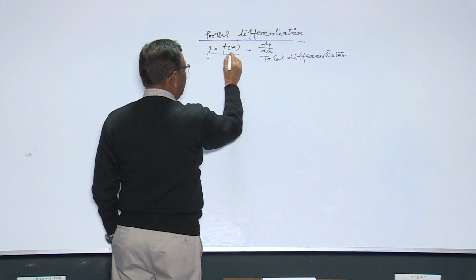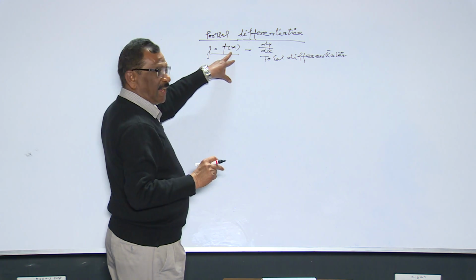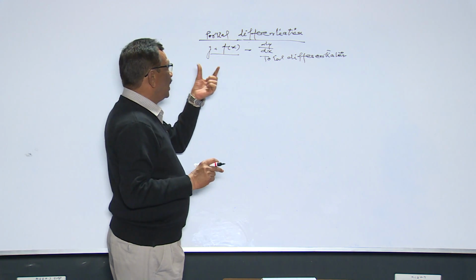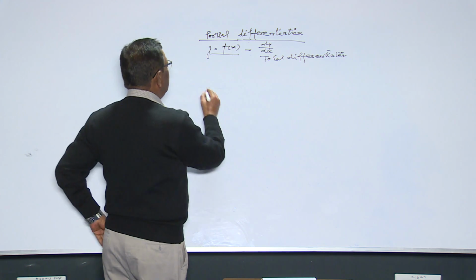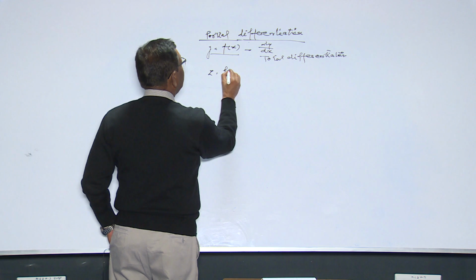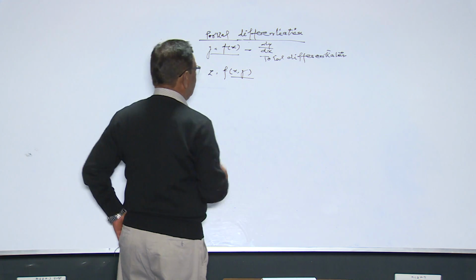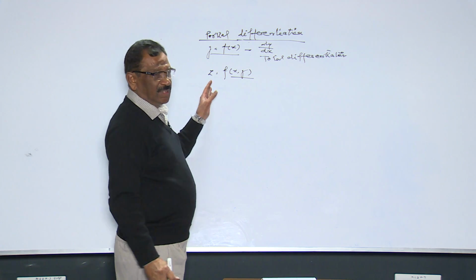But here y is a function of x, that is, a single independent variable. If z is a function of two variables, x and y, then we find the partial derivatives.